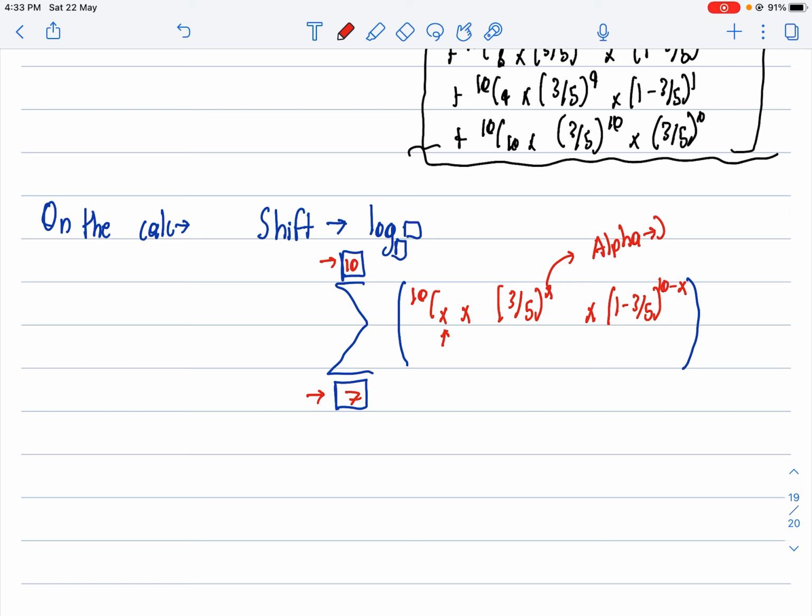So just write this much: 3 over 5 raised to x into 1 minus 3 over 5 raised to 10 minus x, from basically 7 to 10.